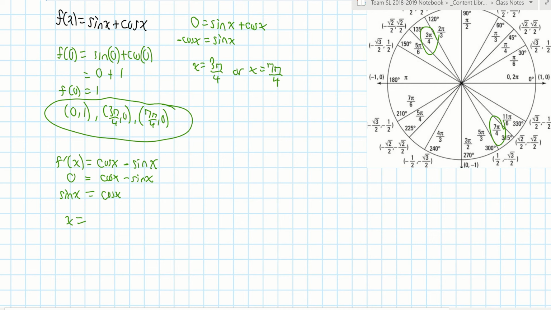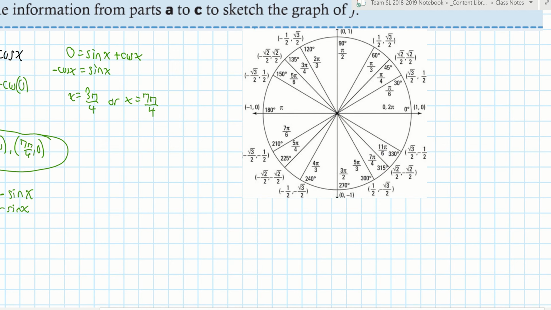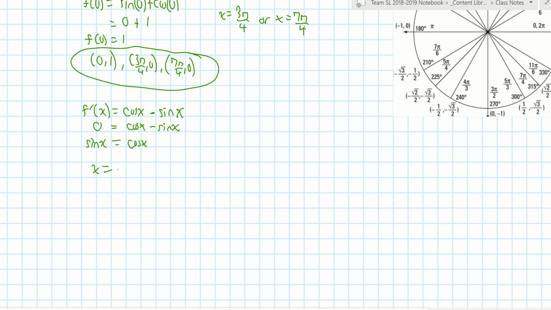For what values of x is this true? Let's go back here. They are equal here and here. So pi over 4 and 5 pi over 4. That's my two x values. Pi over 4 or 5 pi over 4.